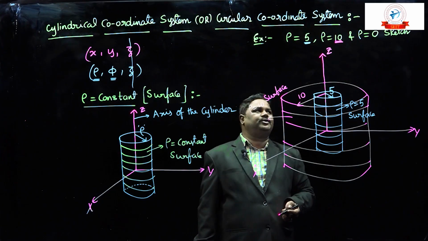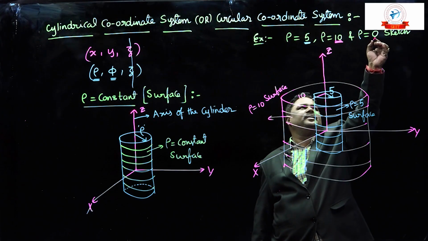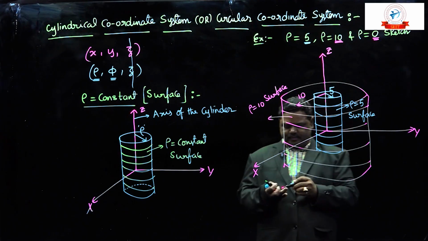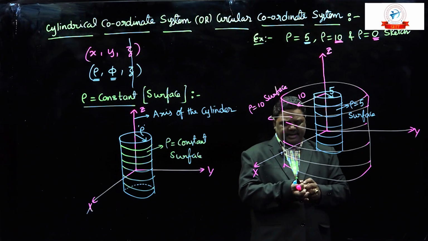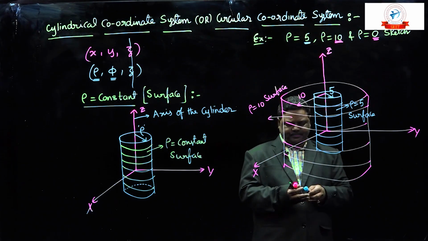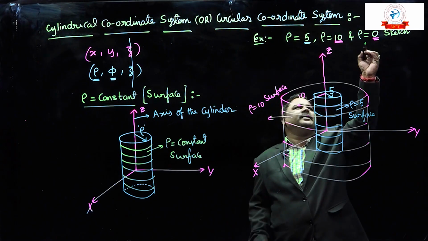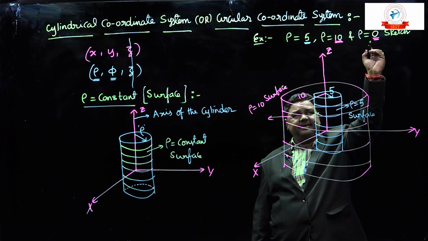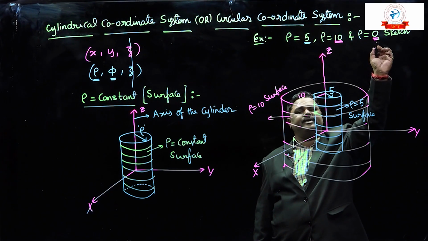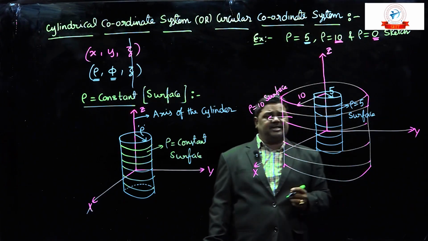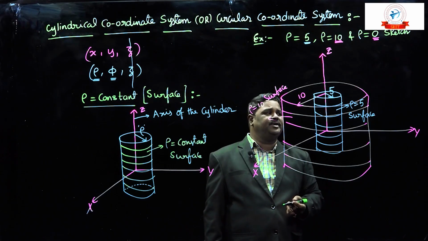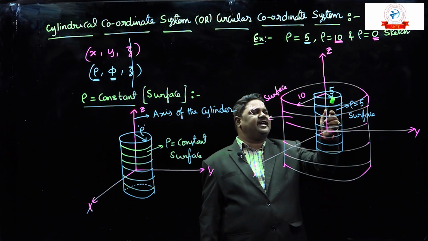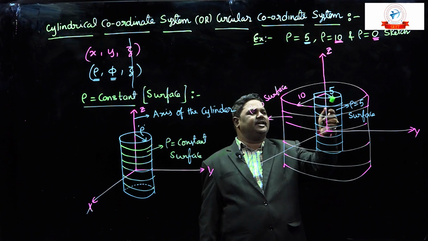Then you need to tell me what is meant by rho is equal to 0. Rho is equal to 0 says that it is a surface of a cylinder when the radius of the cylinder is 0. What happens when the cylinder radius becomes 0? When the radius is 5 and 10, it is shown here.